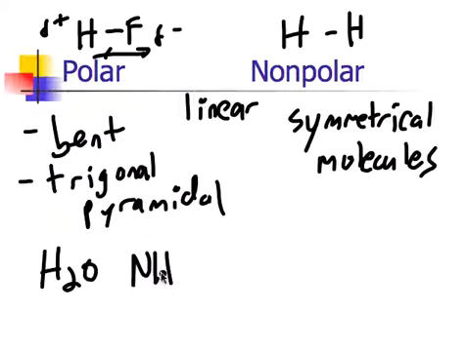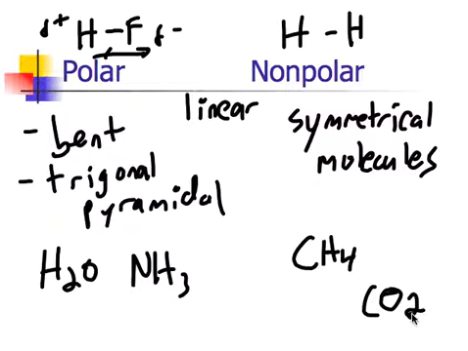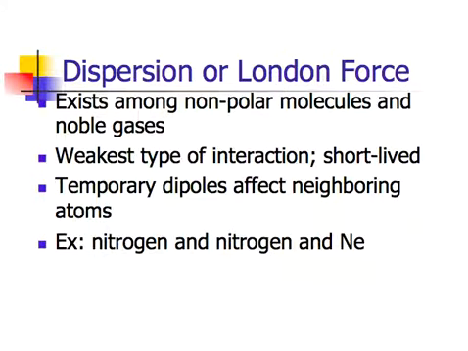Ammonia is polar because it is trigonal pyramidal. Nonpolar things, something like methane, or carbon dioxide, a very common molecule, because it's linear, but the dipoles cancel out. So it's a little review from our past, because to be able to identify the types of forces that exist, we need to be able to remember or know what types of molecules we're talking about.